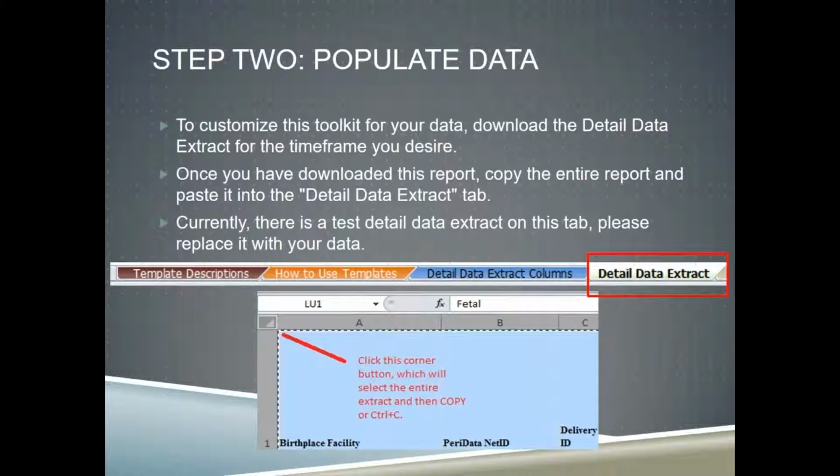Then you go into your actual detail extract CSV download and do the same thing. You copy it, so Control-C, then you go back to the detail extract tab and paste it. And now the data is inside of your template.